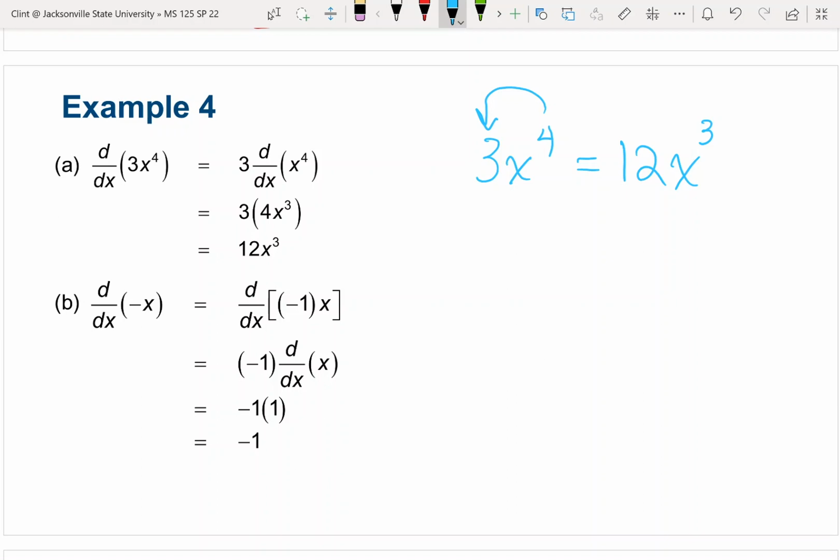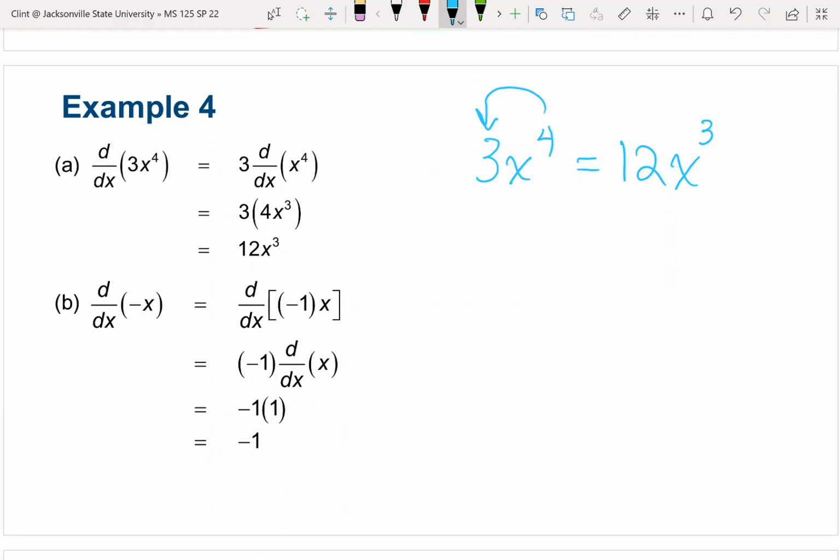And then part b is useful to think about. We've got the derivative of negative x. So we can think about that like having a constant factor of negative 1 as our coefficient in front of the x. So we bring the negative 1 out. We've already said the derivative of x is just 1, so we get negative 1.